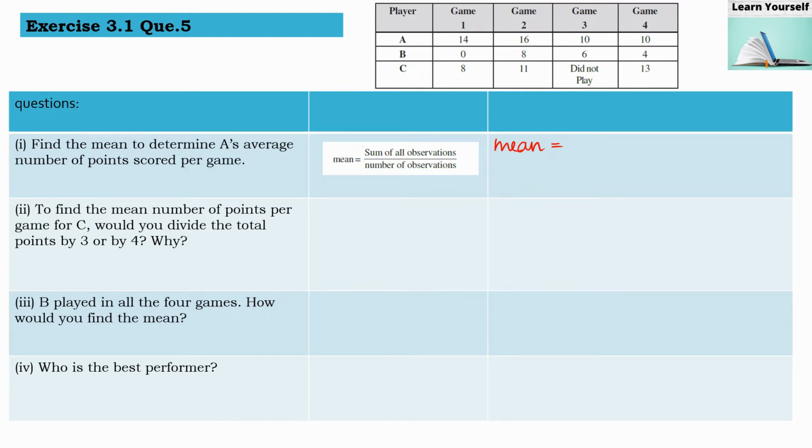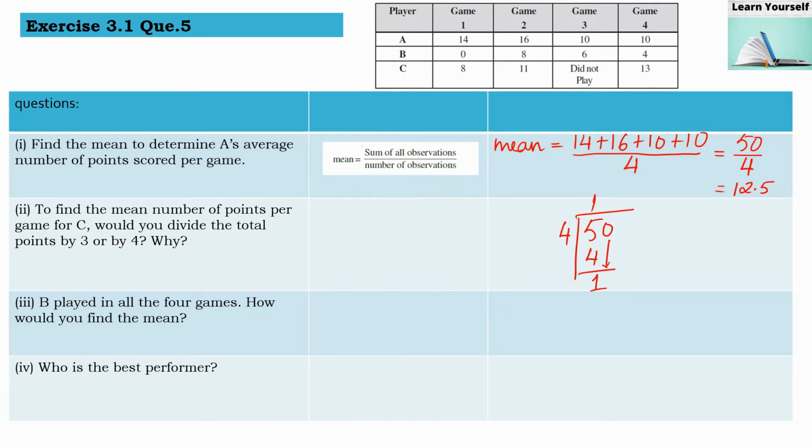So mean equals 14 plus 16 plus 10 plus 10 divided by, he played 4 games, so I am going to write here 4. So it is 50 divided by 4. Now when we are dividing 50 by 4, we will get 12.5. 4 ones are 4, we will get here 1.